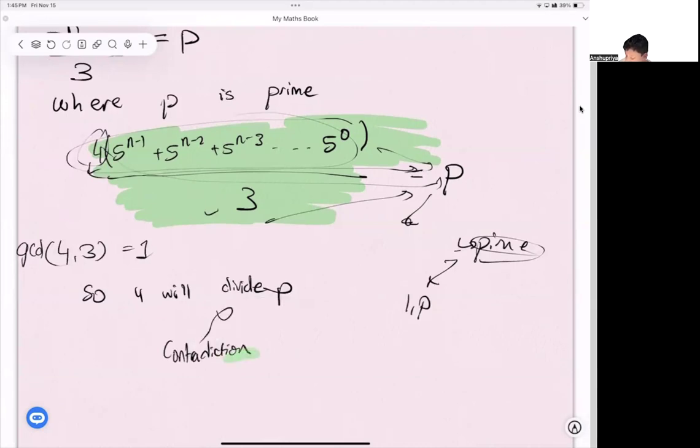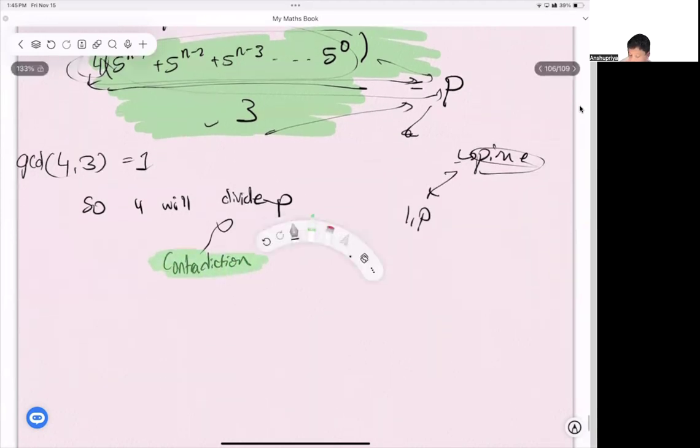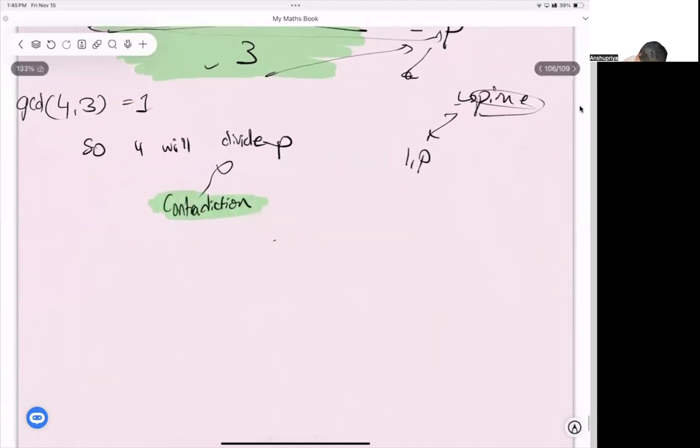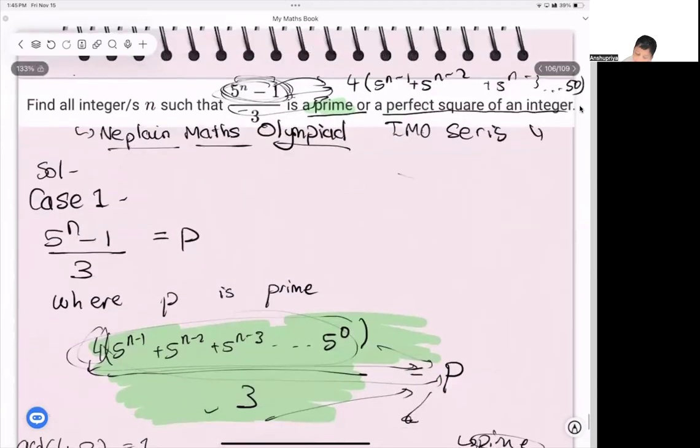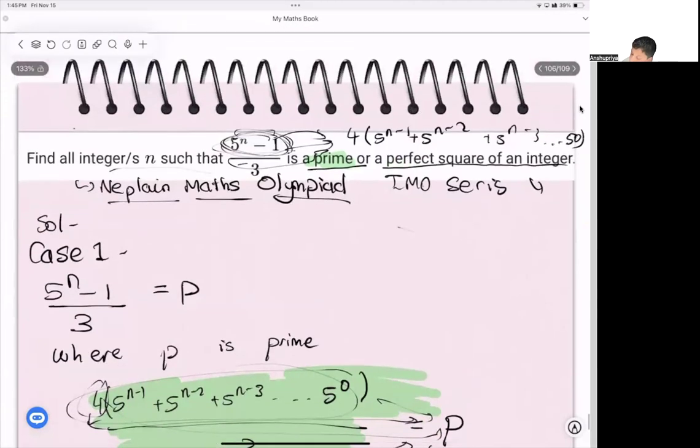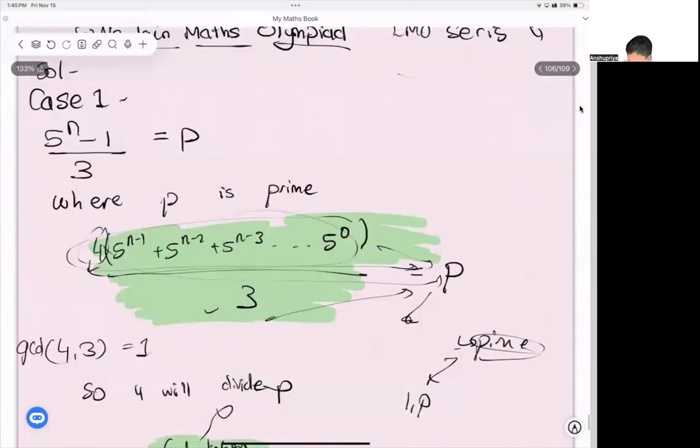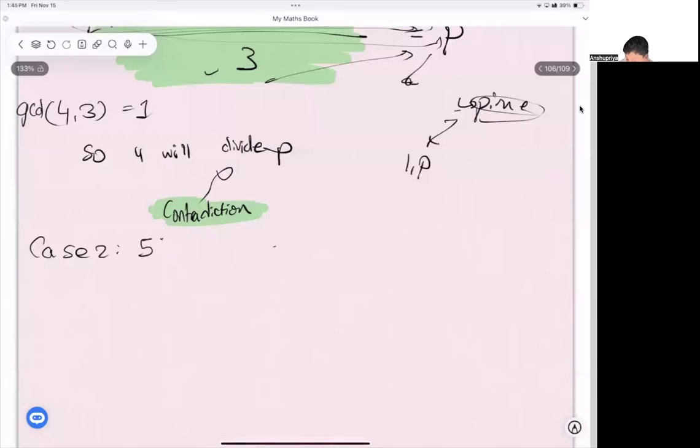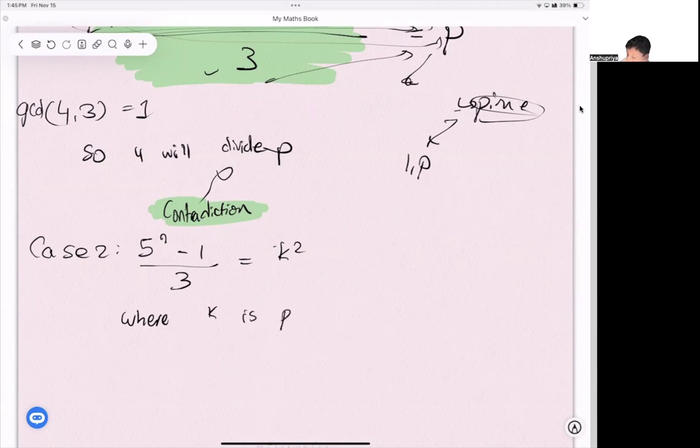Then what will we see? Case 2. What we need to say? Find all integers n. So perfect square: (5^n - 1)/3 is equal to some k squared, where k is a positive integer.